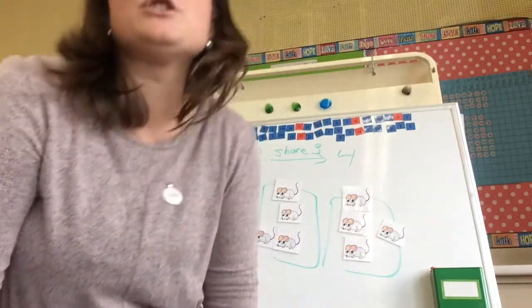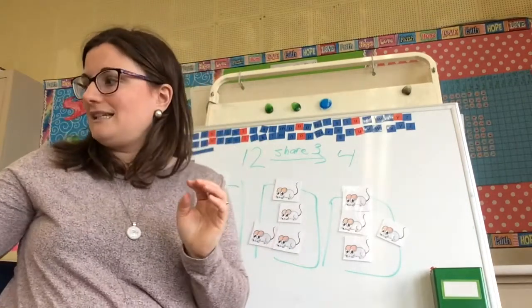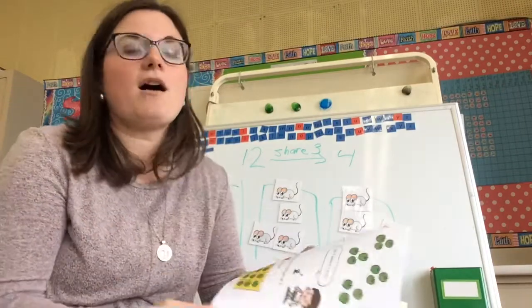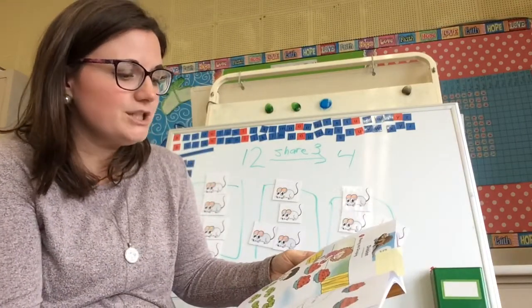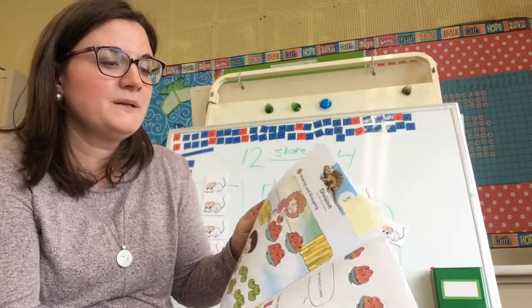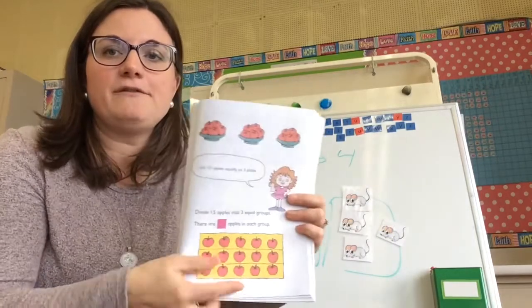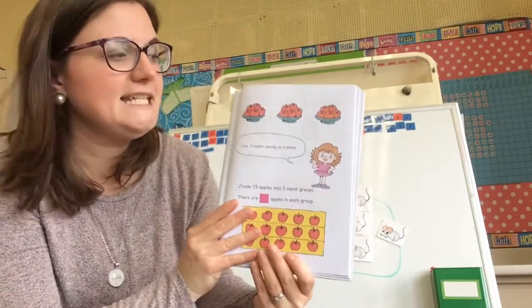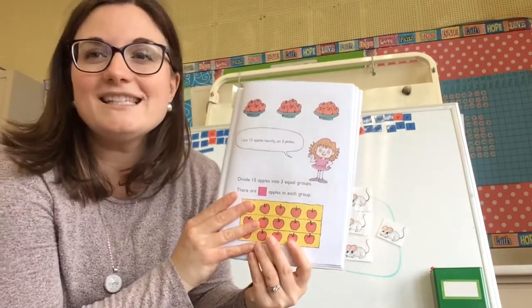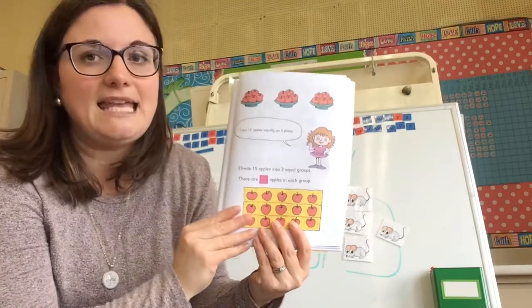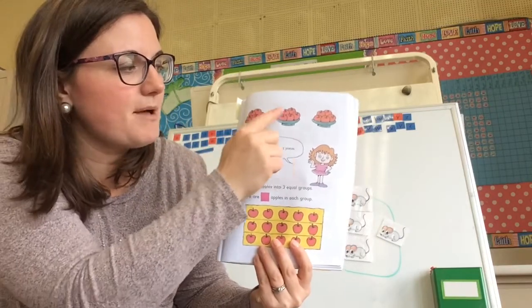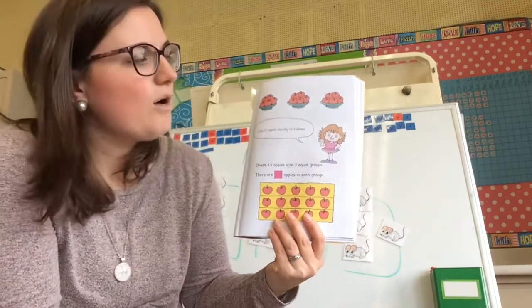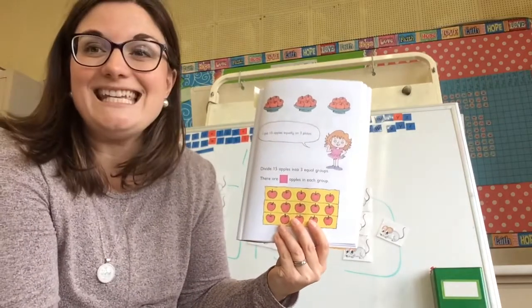Now, if you have your textbook, I want you to open it up, and if you don't, press pause and get it. And we're going to open up to page 55, and we have a girl with some apples, and she has 15 apples, and she wants to split them up on 3 plates. Okay, so she splits them up onto 3 plates. How many apples are there on each plate?